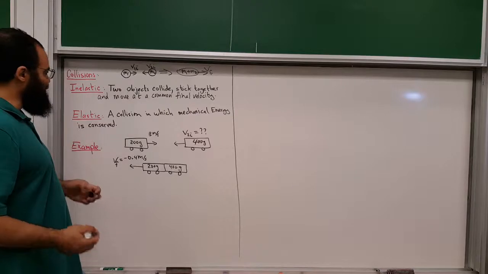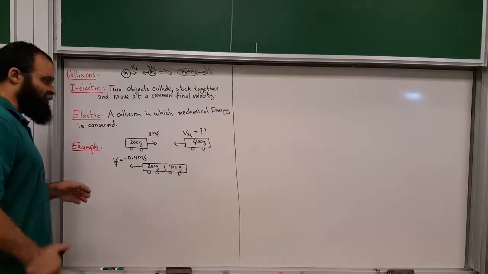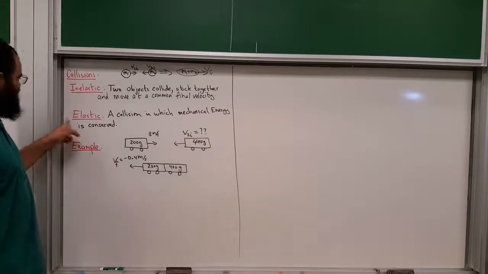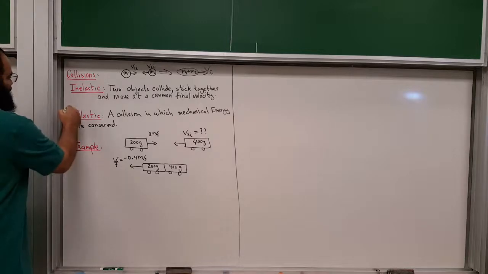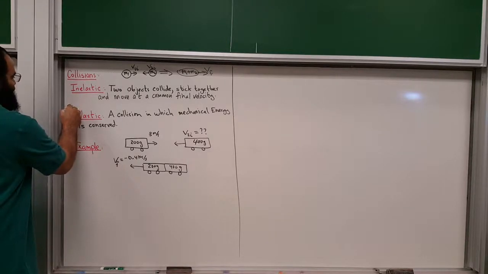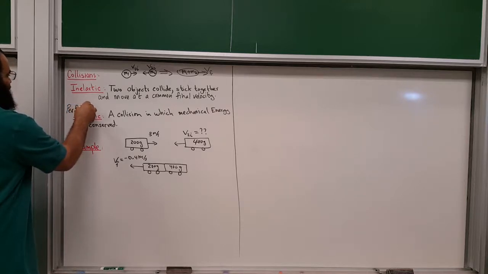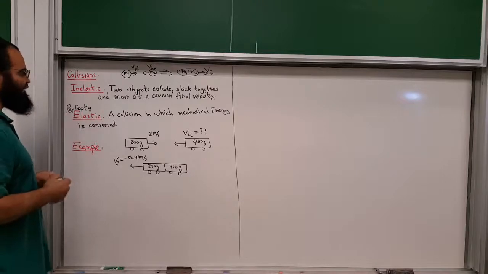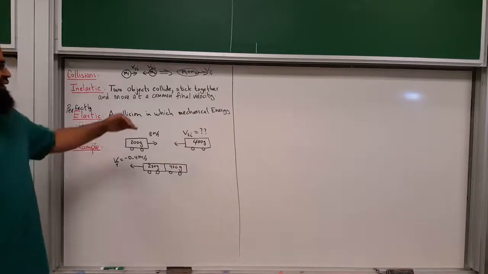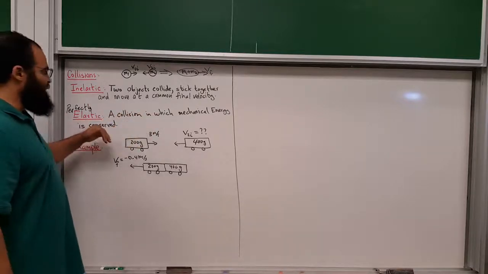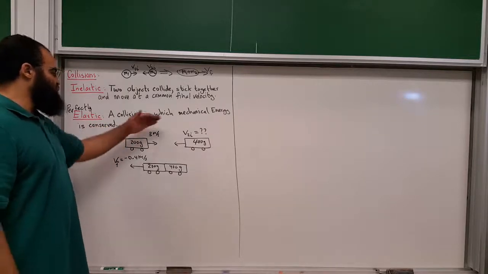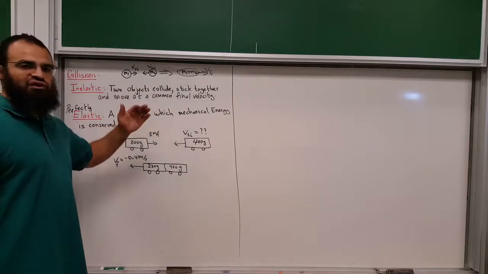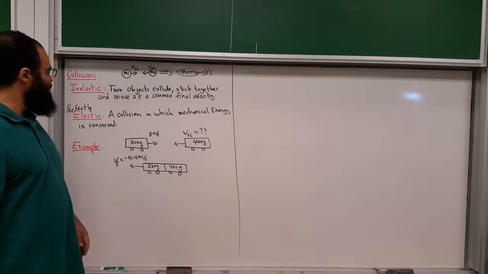Elastic collision is an idealization. I should say perfectly elastic here, and this one is perfectly inelastic. Perfectly elastic is a collision in which both mechanical energy and momentum are conserved.